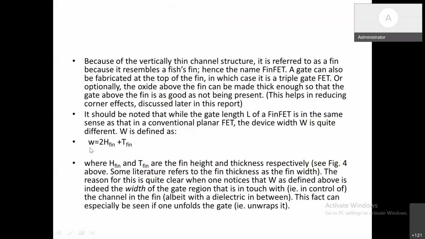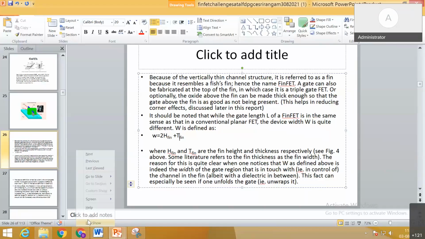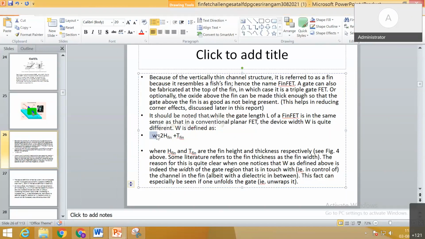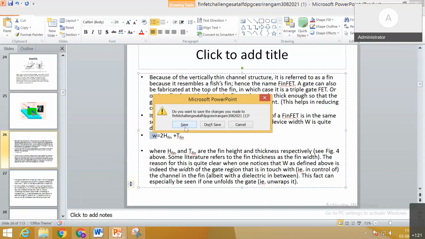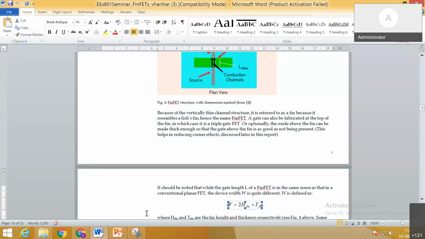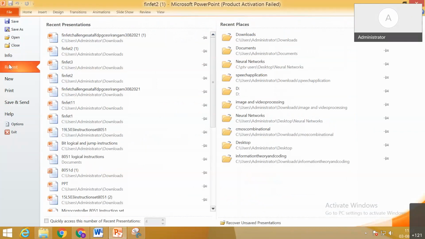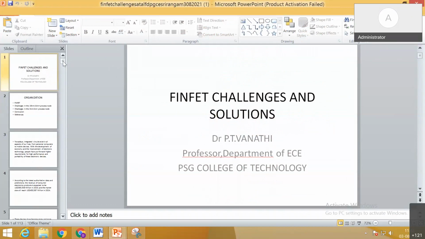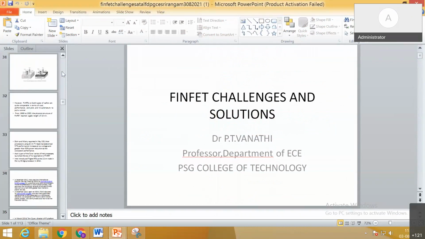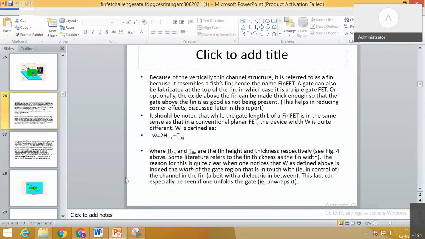The width of a FinFET is defined as capital W, equal to 2 into H fin plus T fin.